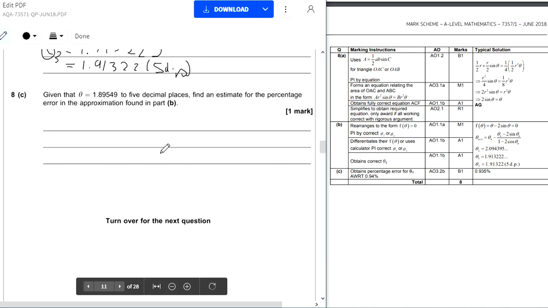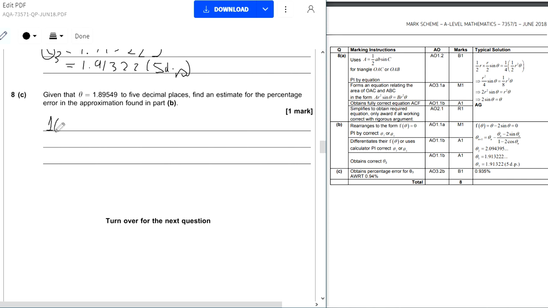Next part, given that that is the value of theta to 5 decimal places, find an estimate for the percentage error in the first part. Percentage error, it's not too difficult. You can probably just figure it out. But I always use this kind of formula that I've made for myself, and it just guarantees that I get the right answer every time.